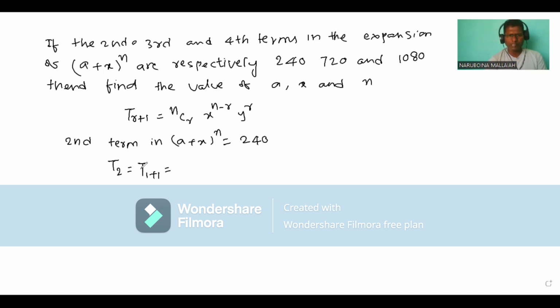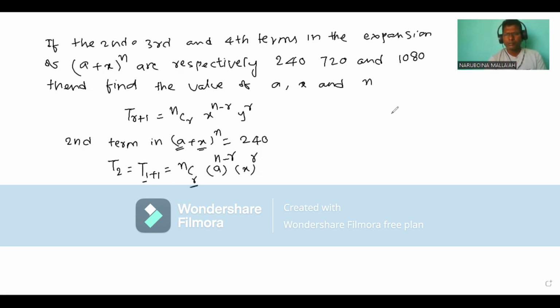We have to write it like this. nCr, where r is this one. First term is a, this x is the second term. After that, subtract this r from n, that means n minus r. So nCr a^(n-r) x^r.